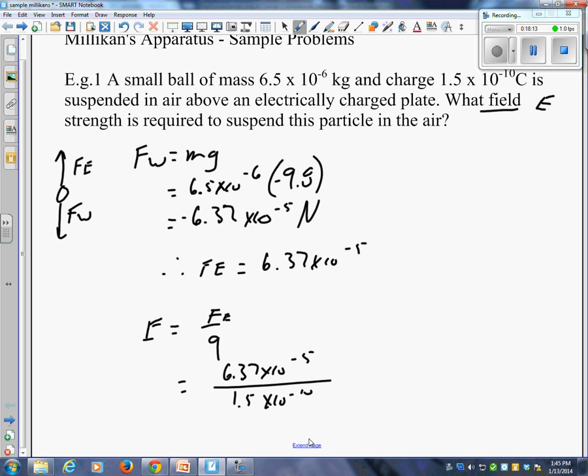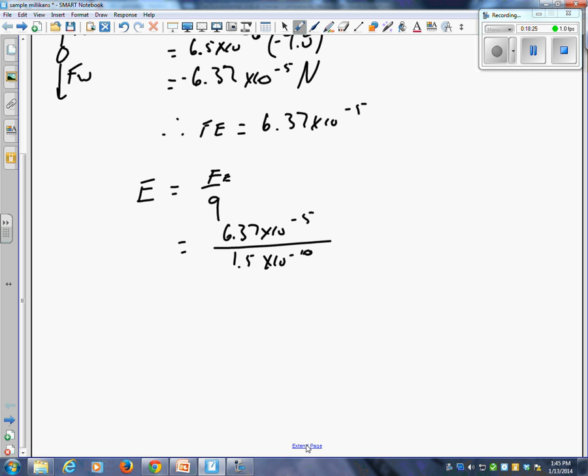That's an E. So I get an electric field strength of 4.25 times 10 to the 5 newtons per coulomb.